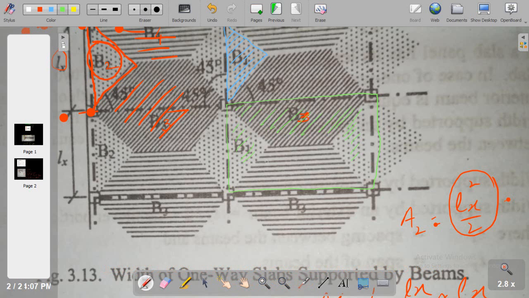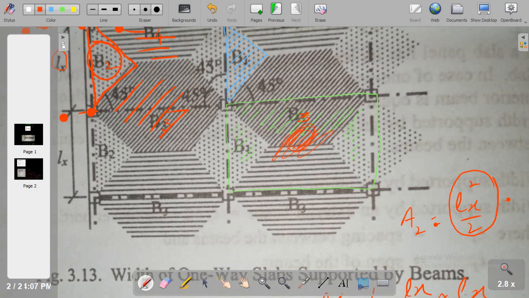Overall panel area. So the actual area supported, remember, this is important, the actual area supported by this beam. What should be the net area of this total panel?